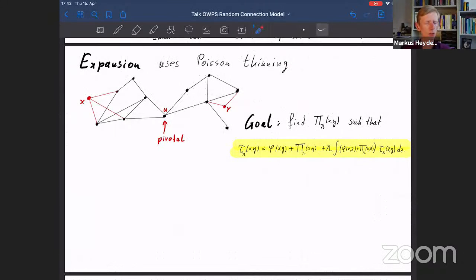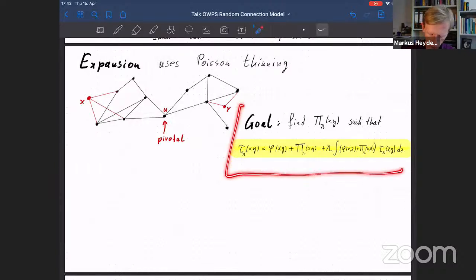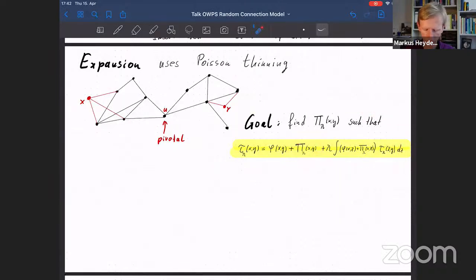So let's look at some aspects of this expansion. It uses some special features of Poisson processes, in particular Poisson thinning, and this is what I want to explain next. The goal is to find an identity, in particular to get an expression for these pi's. To this end, I've explained the notion of pivotality.